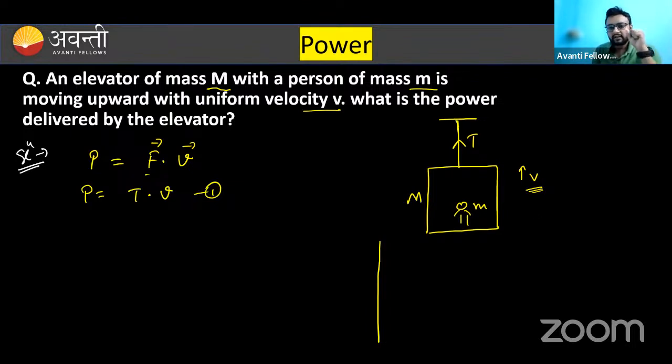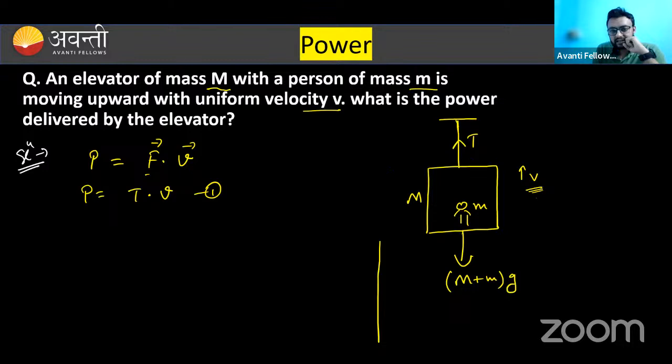To calculate T, have you studied Newton's laws of motion? According to that, the total mass of the lift plus man is M plus m, and the weight of this system is (M plus m) g. And there is no acceleration in the y direction because velocity is constant.